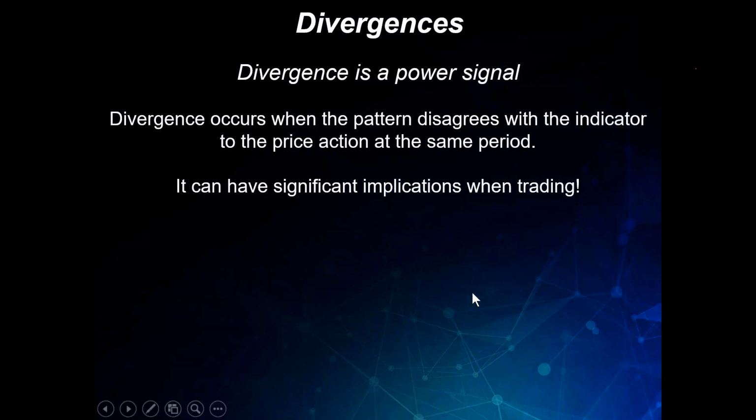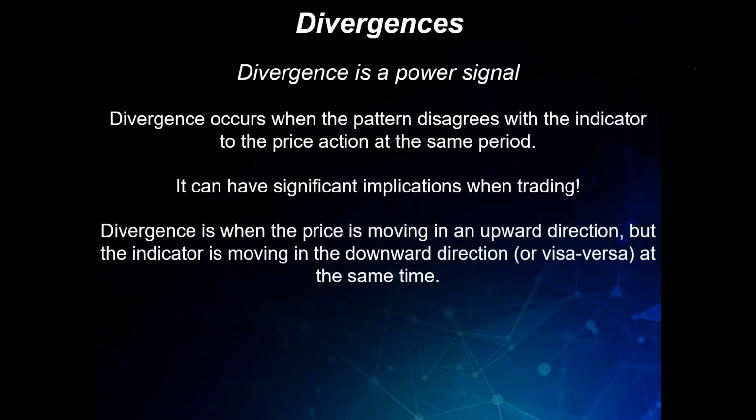When you're seeing divergence, it's a warning signal. It's like saying red alert, in the sense that the market's looking like it's going to be changing. Therefore, you do need to adjust your stop losses and take profit accordingly, or just cut the trade or put the trade on, depending on how you're seeing this divergence.